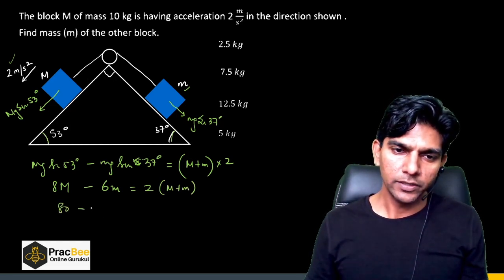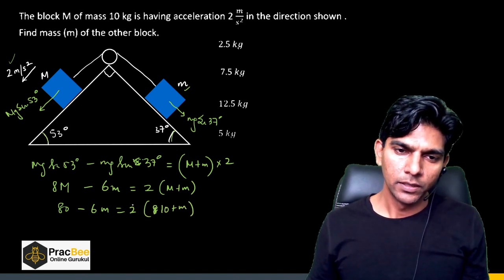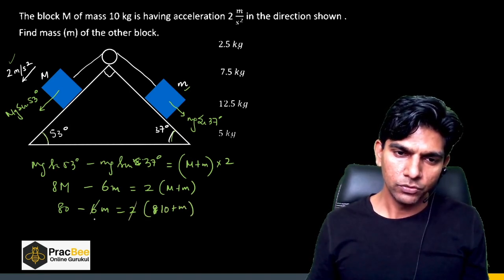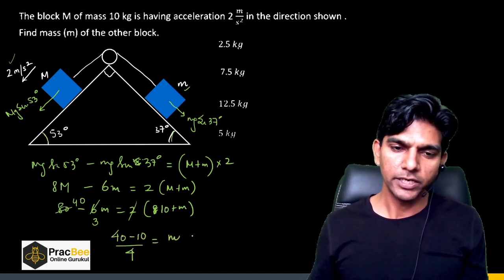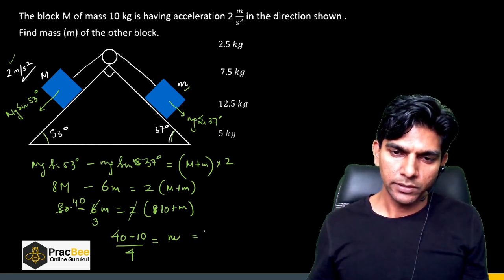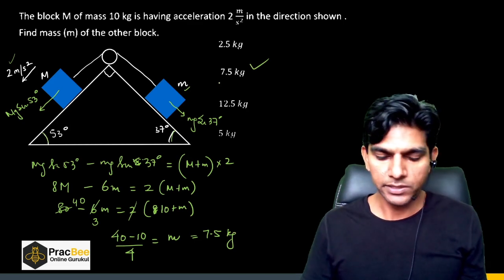So this will be 80 minus 6m equals to 2 times 10 plus small m. Now we can divide throughout by 2. So this will be 3m and this will be 40. So 40 minus 10 divided by 4 will be small m, right? So this comes out to be 7.5 kilograms. So 7.5 kilogram is the answer.